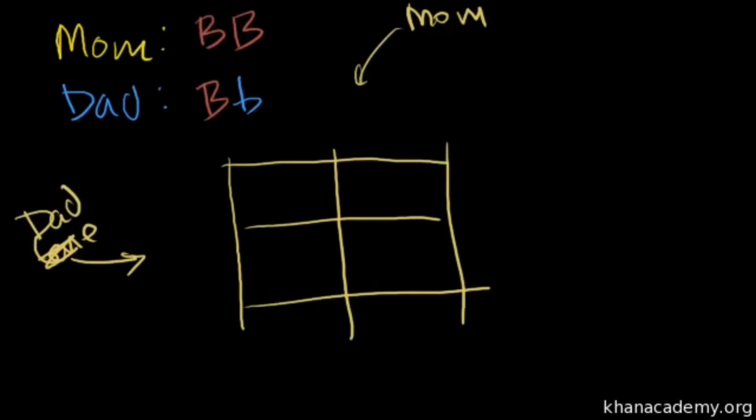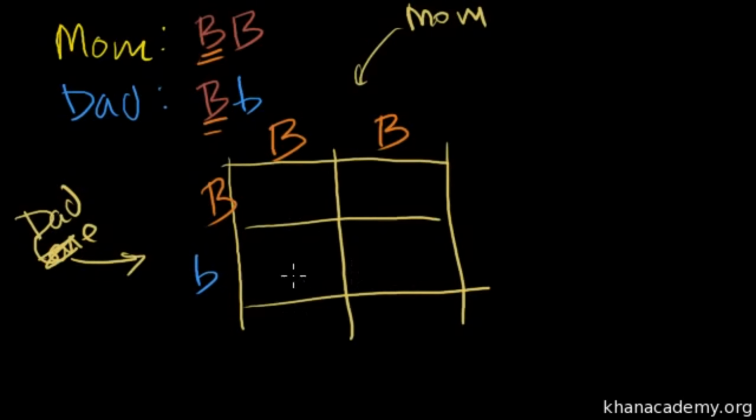All right. So the mom, in either case, is either going to contribute this big B brown allele from one of the homologous chromosomes, or on the other homologous, it has the same allele, so she's going to contribute that one to her child. The dad could contribute this one, that big brown-eyed, the capital B allele for brown eyes, or the lowercase b for blue eyes, either one.